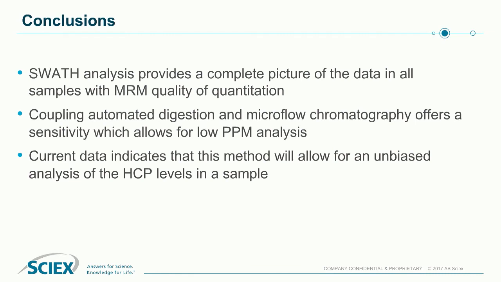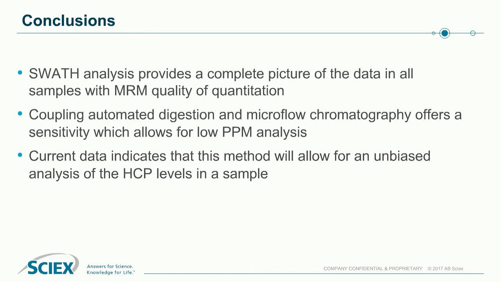So I'd like to stop there and just say that what we're doing with Insights at the moment is trying to see how we can apply quantitative mass spectrometry to offer a non-biased approach to analyzing host cell proteins, and coupling that with automation and robust chromatography to offer sensitivity and a fully robust system which will allow routine low-level ppm analysis.